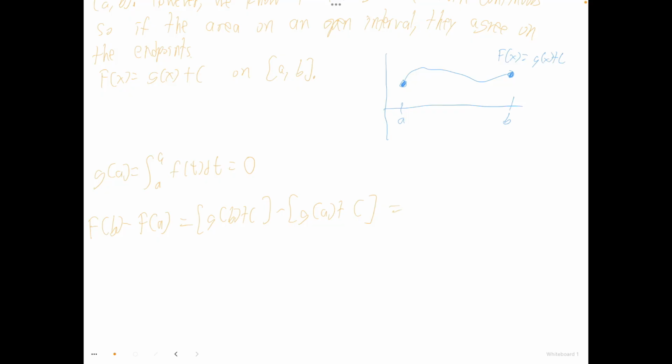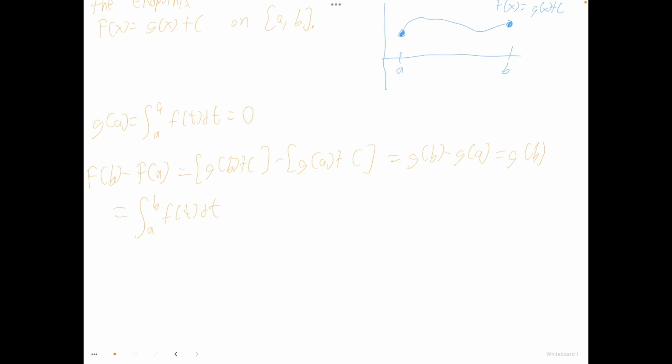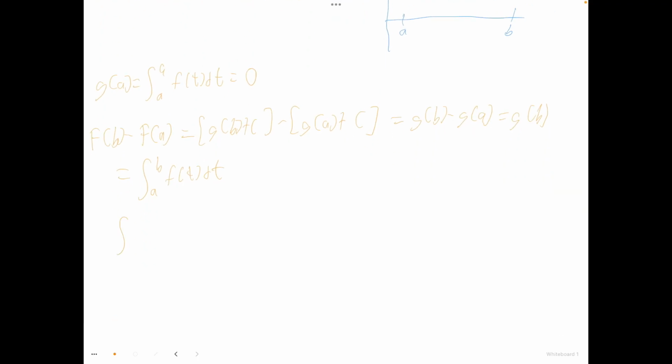And then subtracting these, we get g of b minus g of a. But g of a, we just saw, was 0, so this is just g of b. And g of b, just writing it down, is the integral from a to b of f of t dt. That's literally what g of b means. And so what we found then is that the integral from a to b of f of t dt is in fact F of b minus F of a.